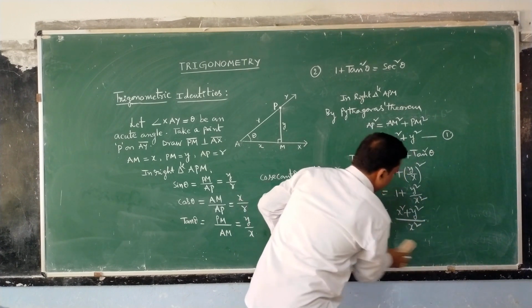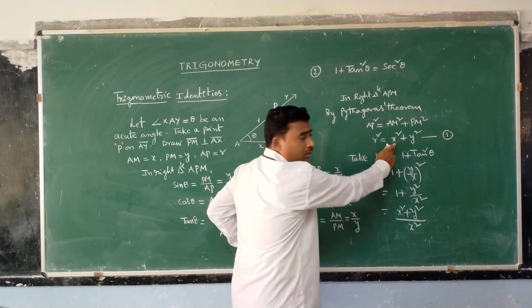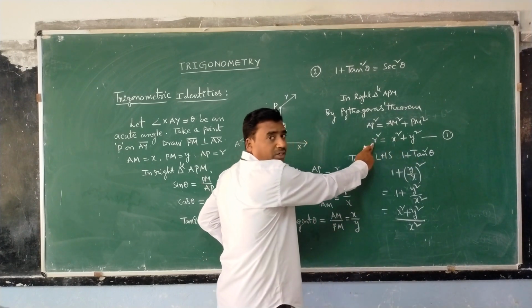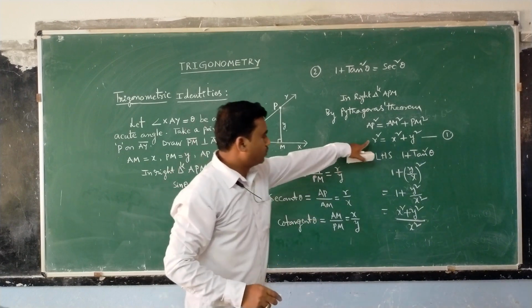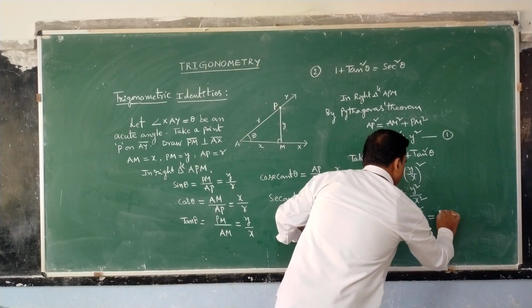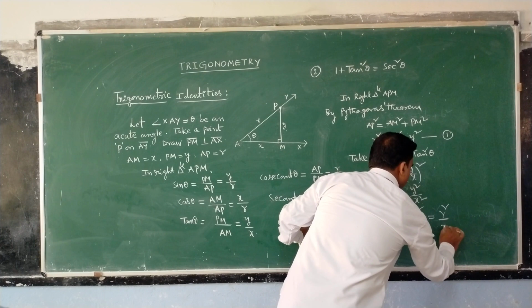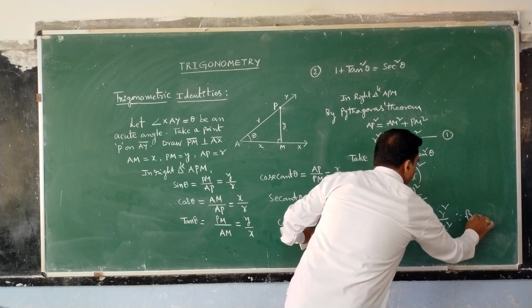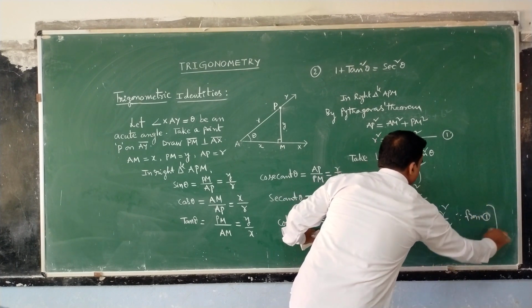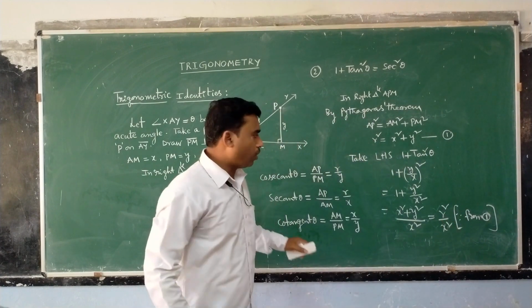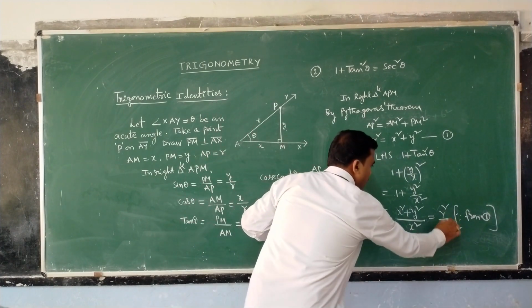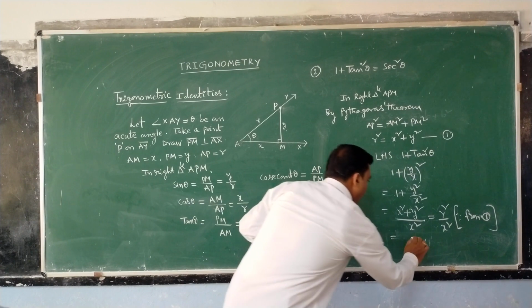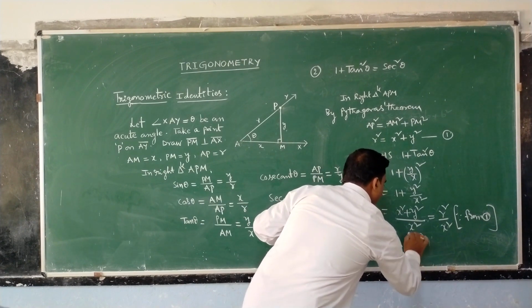But from 1, x square plus y square is equal to r square. So that is equal to r square by x square, which means (r by x) whole square.